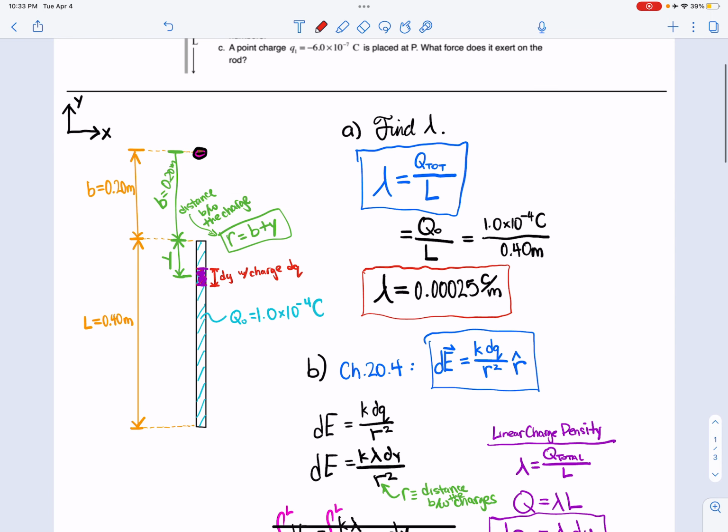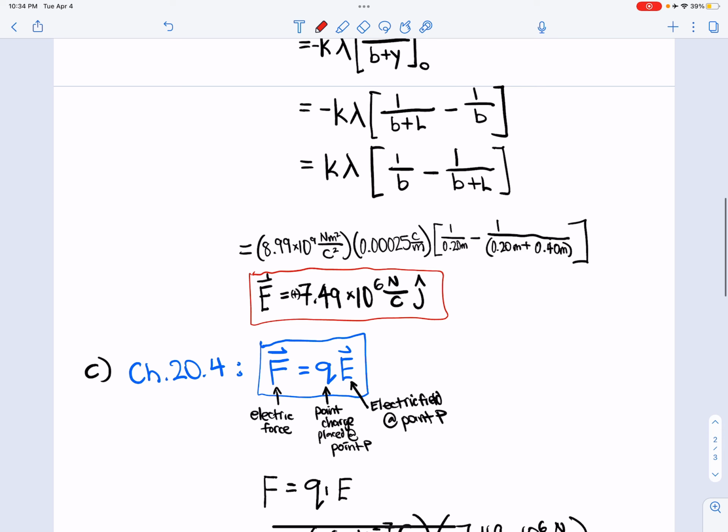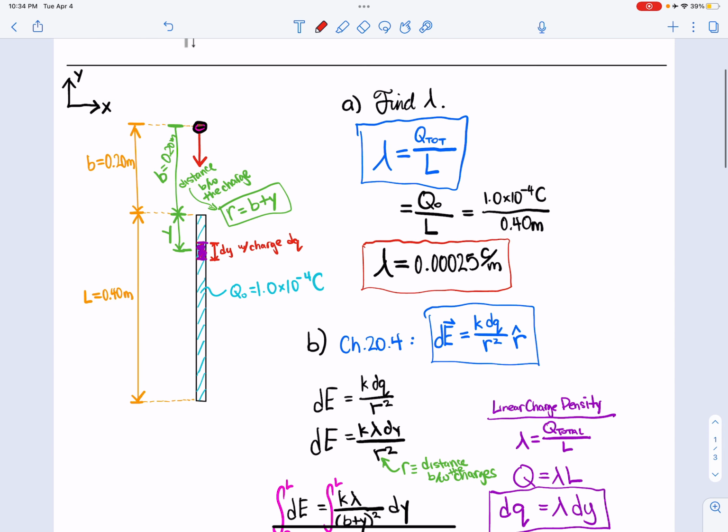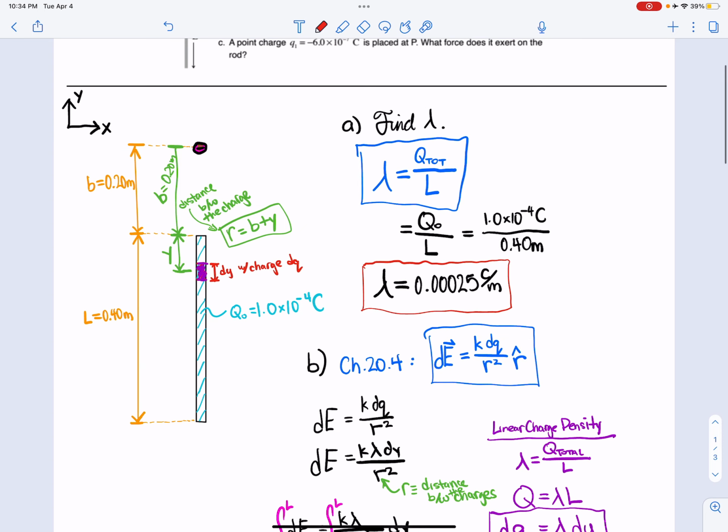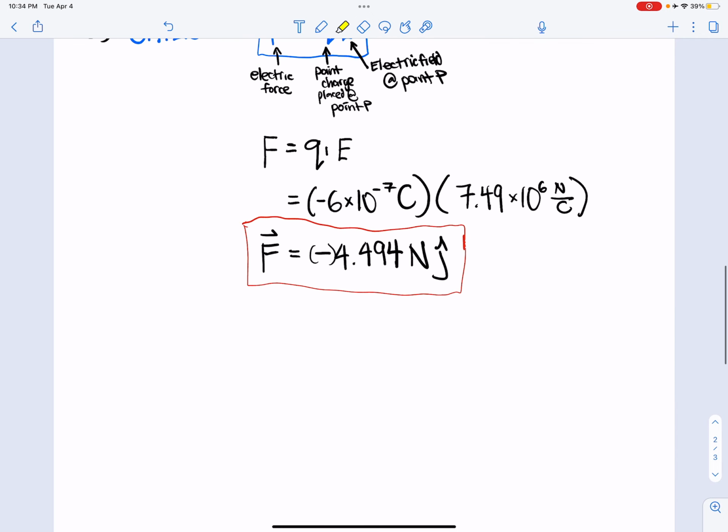We have this time this positive charged rod and a negative charged point charge. So a positive and negative, that force will come down, right? So because of that, we exert a negative force along negative y, going towards negative y, okay? So that's our final answer for part C.